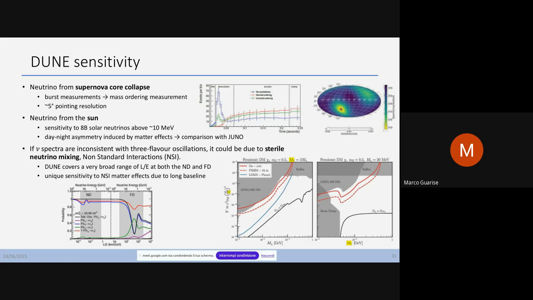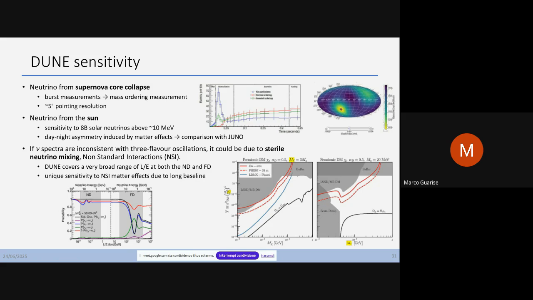Also, we would like to measure neutrinos from the sun and look for the possibility of sterile neutrinos. This is an example of the oscillation probability, considering not only 3 neutrinos, but one more, so one sterile, and you can see that in that case we will see very different behavior.